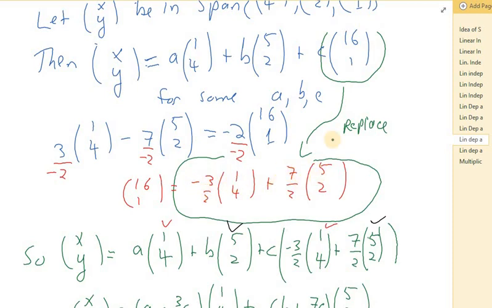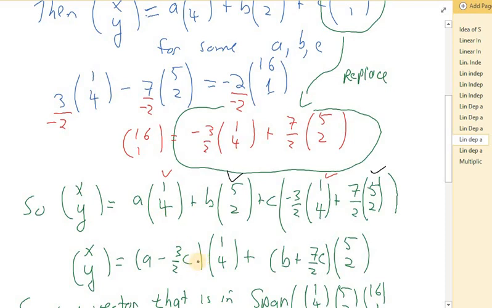I've replaced that into this here, and I get (x, y) equals a times (1, 4), plus b times (5, 2), plus c times this stuff. And then I can just redistribute this so that this (1, 4) goes with this (1, 4), and this (5, 2) goes with this (5, 2). Right? This is actually c times minus 3 halves times (1, 4). I can group that together with a times (1, 4).